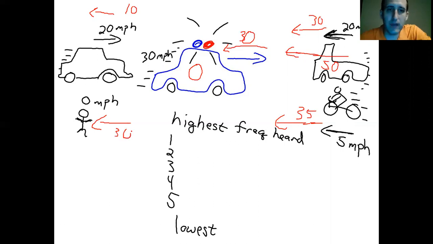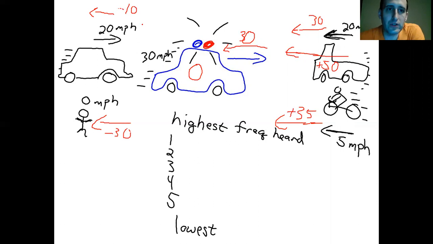Now, I've been describing these as left and right, and that's okay for now. But what really matters is whether they are moving toward the police car or away from the police car. So now we're going to go back and put in signs. We're going to put in a positive sign if it's moving toward the police car, and a negative sign if it's moving away from the police car.